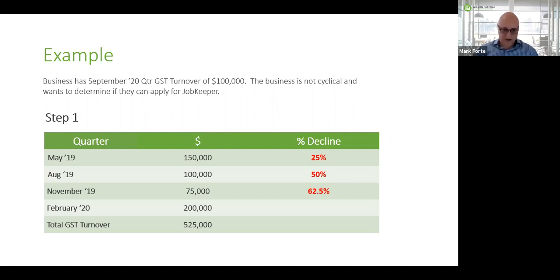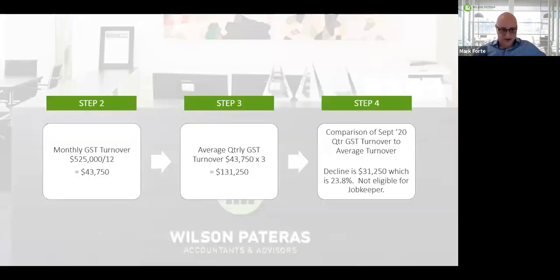So step number 2, we look at the average monthly GST turnover. Total turnover for the 12 months was 525,000 divided by 12. So the average turnover is 43,750. Move on to step number 3.